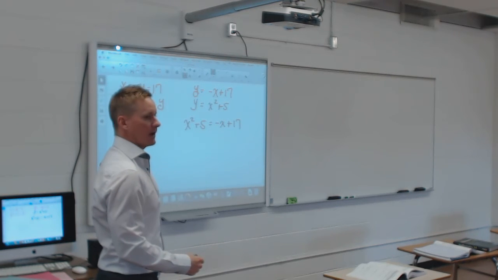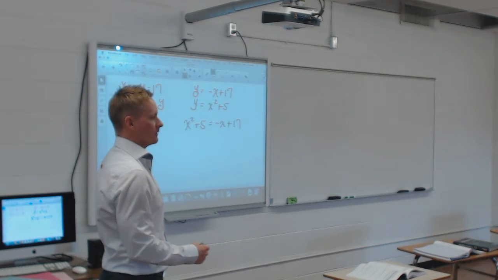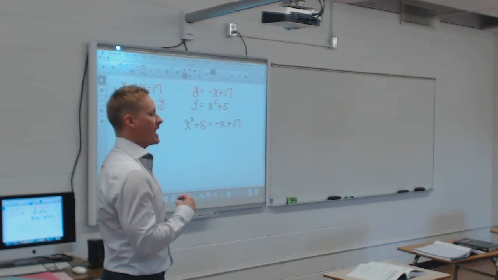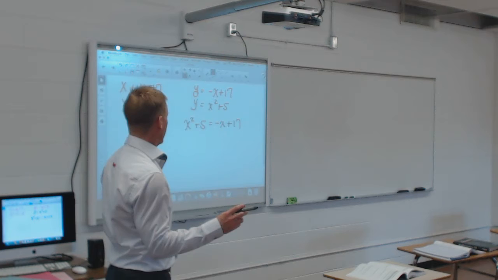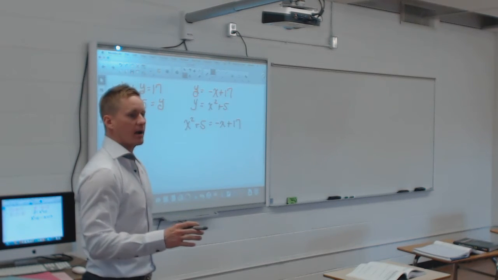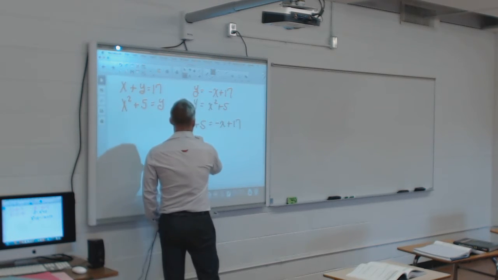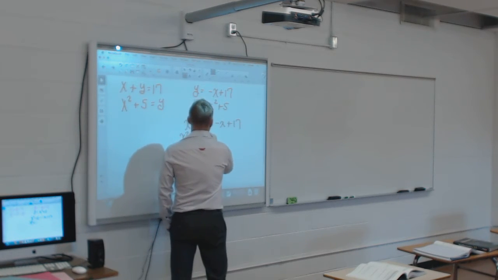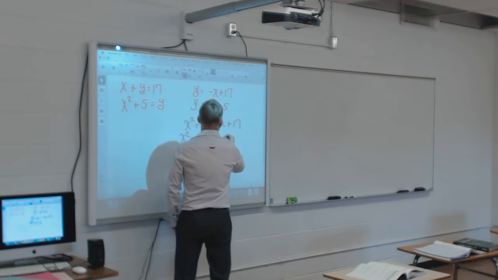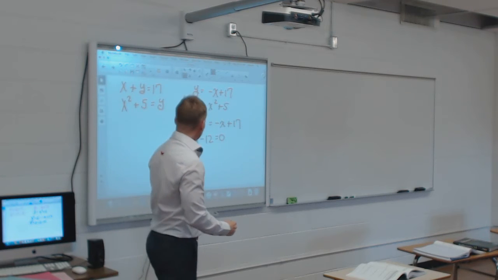Okay? So what do I have to do? Isolate the quadratic. Get it equal to 0, right? Any quadratic is always equal to 0. So x squared plus x minus 12 is equal to 0. Good so far?